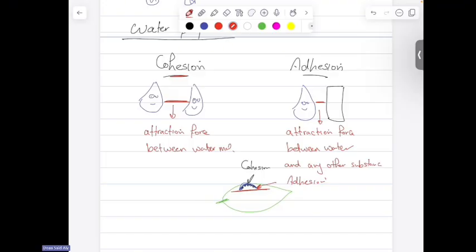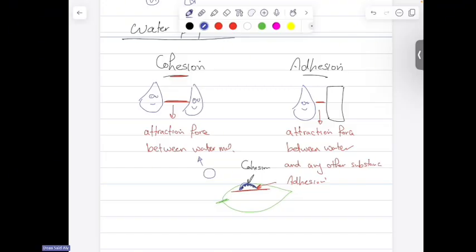Okay? ف pay attention and read the question carefully. If they are asking about the formation of the water droplet, it will be cohesion, لأن الwater droplet is formed because of the cohesion, because of the glue that sticks the water molecules together.